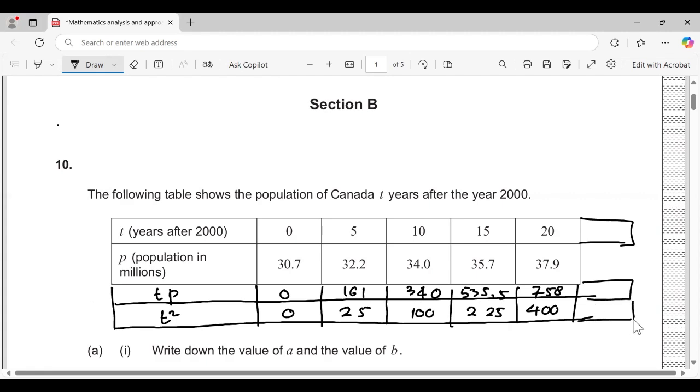After that, we are going to find sigma T. Sigma T is 50. Sigma TP is 1794.5. Sigma T squared is 1750.